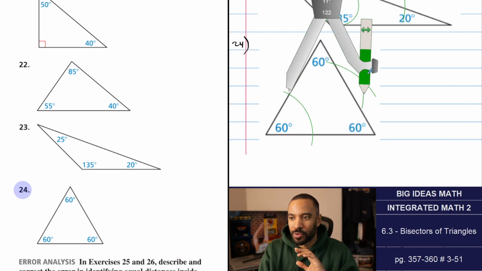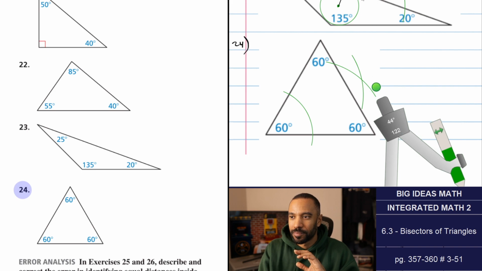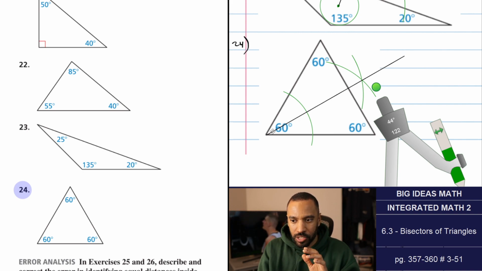Less work for me. So this guy, when I draw this right here, not only is this an angle bisector dividing this into two 30-degree angles, if it were drawn to scale, this is also the altitude that goes into there, right?